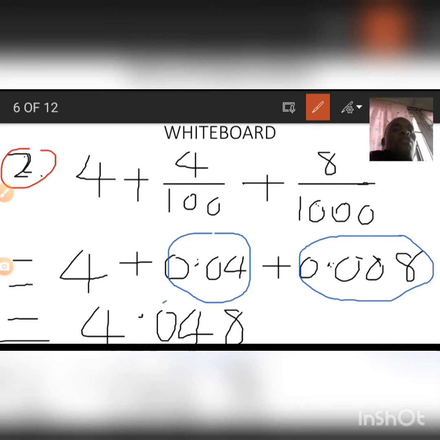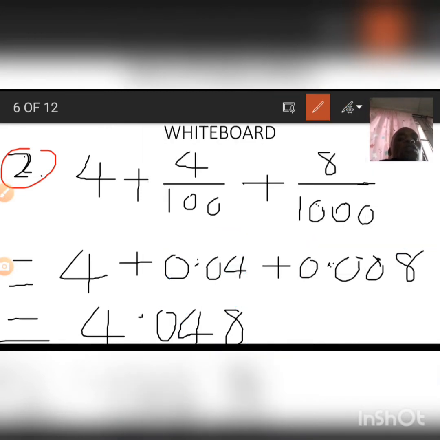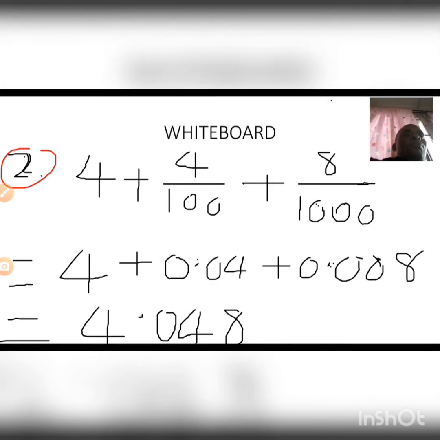So we have a 0. Second position is occupied by a 4. So we have 4. And the third position is occupied by an 8. And so we have an 8 also. So our answer becomes 4.048. So that becomes our final answer.